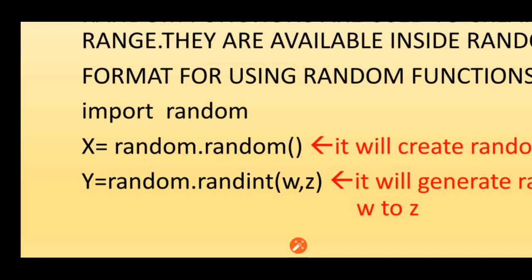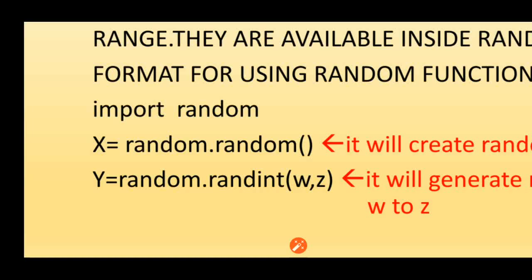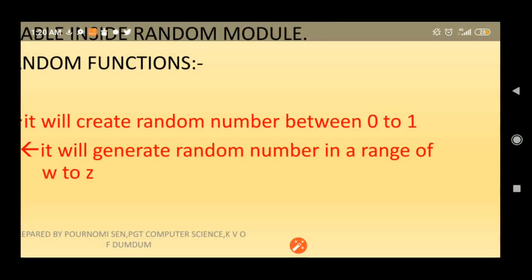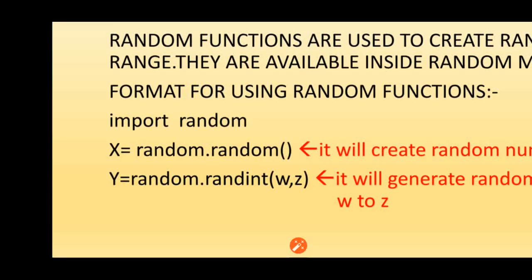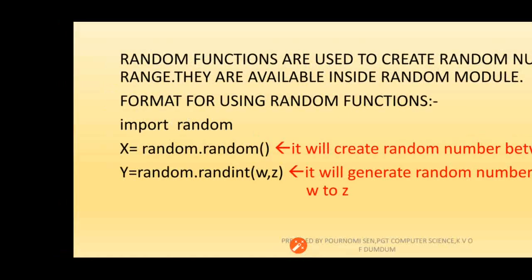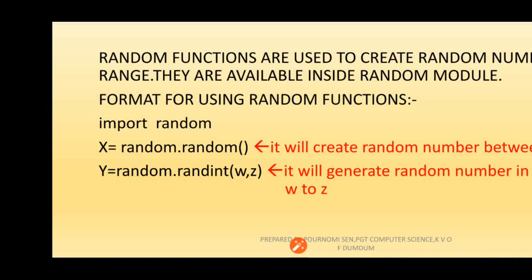As of now we are using this particular method of importing a module. So first we are writing import random, and then we'll be specifically discussing two different types of random function. One is random and the second one is randint. So first let's discuss the random function.